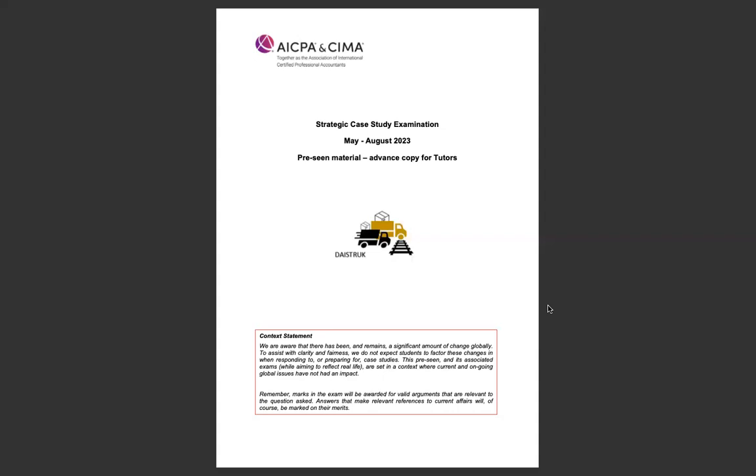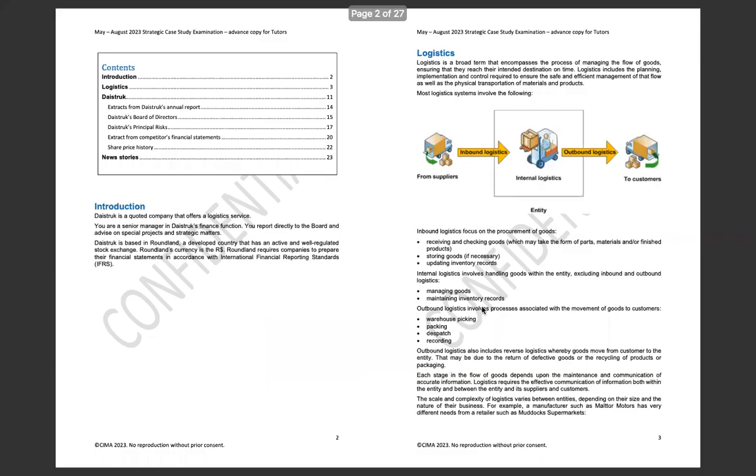And from an internal environment, you need to understand the assets, the resources of the organization. You need to look at the value chain of the organization as well, right? That being said, we understand that Daistruk is operating in a developed economy, right?